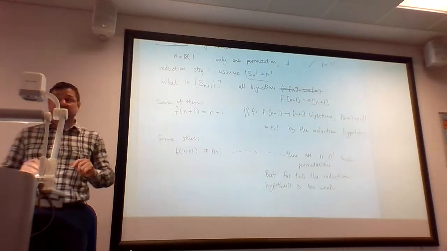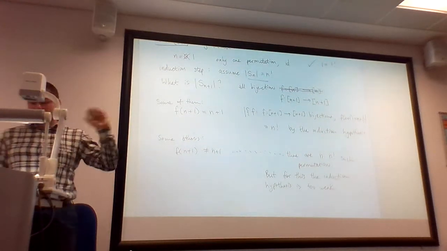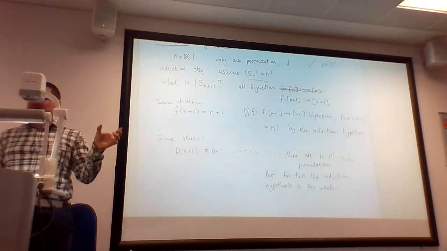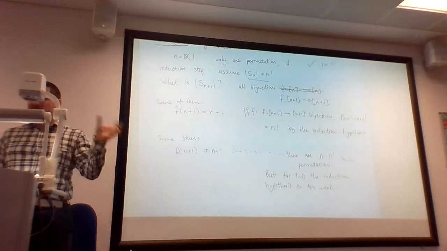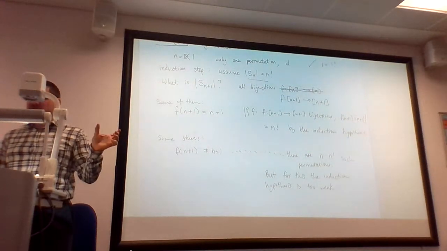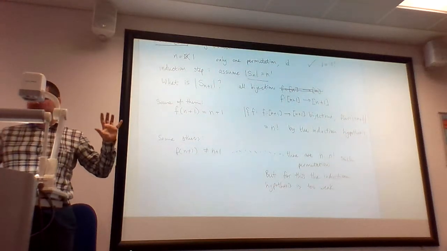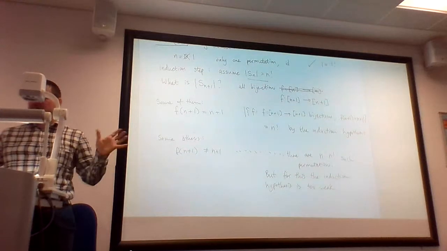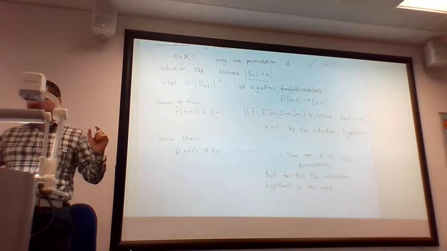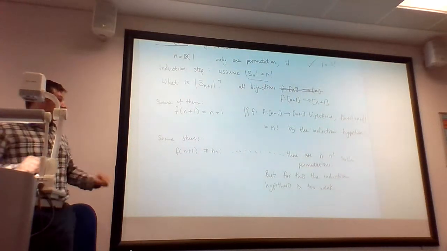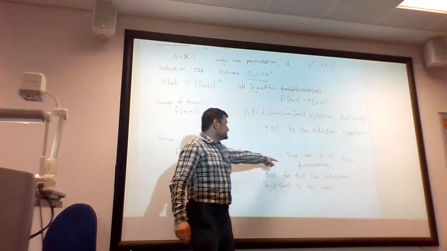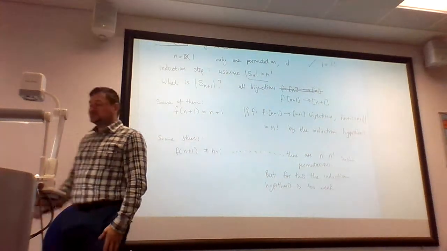It tells you that if you have one set of n elements, then there are n factorial permutations on it. But what it doesn't tell you is that if you have two distinct sets of n elements each, there are n factorial bijections. That's what you need to prove. Does that make sense?